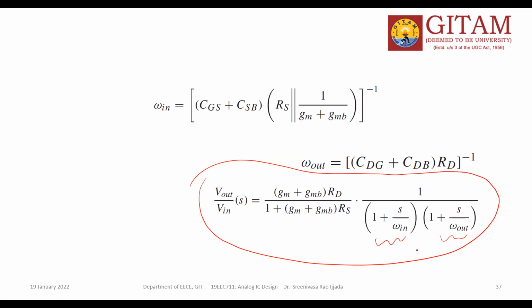This is the input pole, this is the output pole. So this is the basic structure of the common gate configuration transfer function: input pole, output pole, and the transfer function in terms of the input and output poles. Understand?